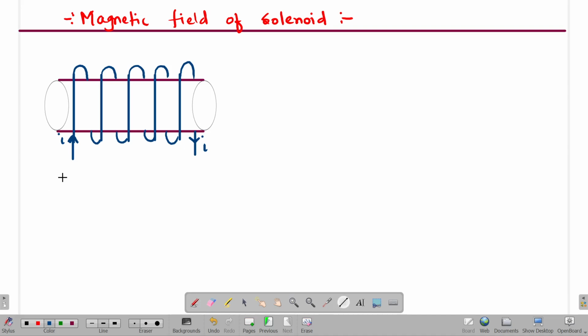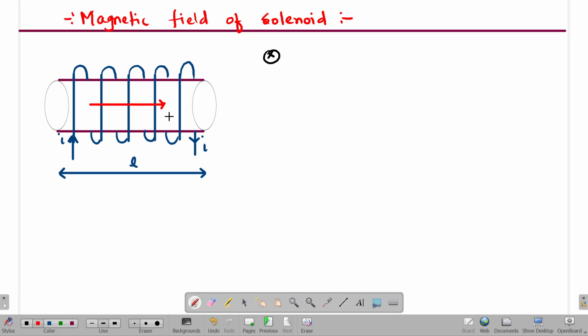Let's suppose this cylindrical thing is of length L. Then the magnetic field inside it, basically the magnetic field exists inside it, not outside. That's a very big phenomenon.